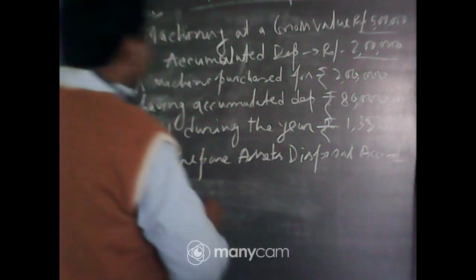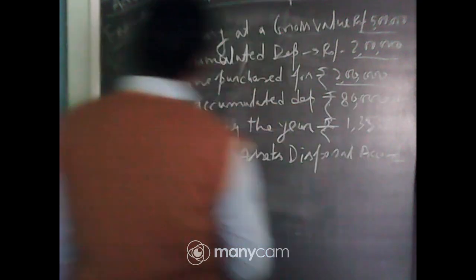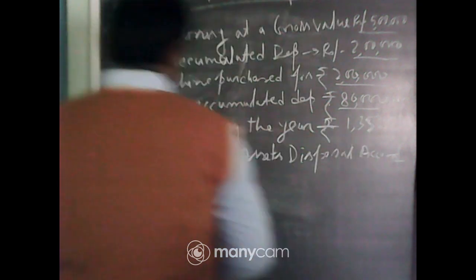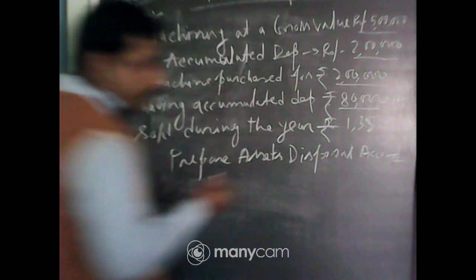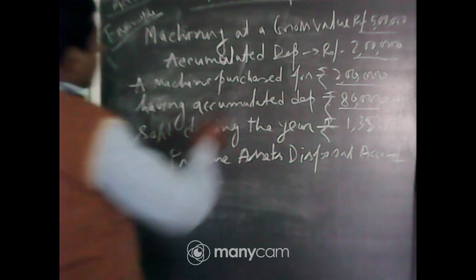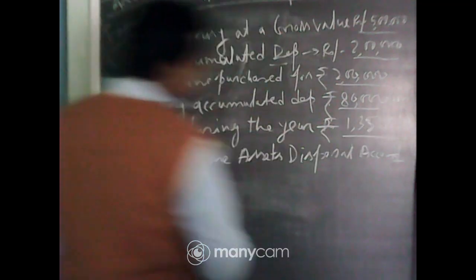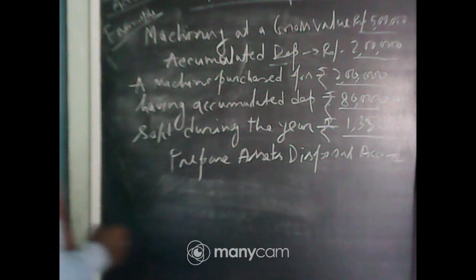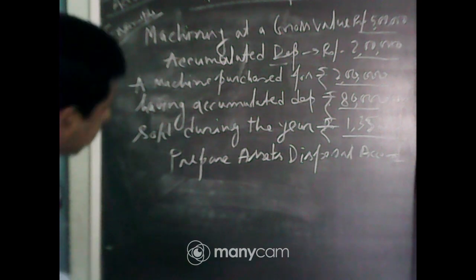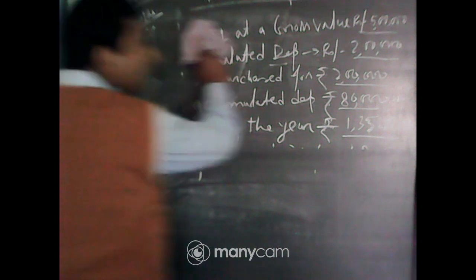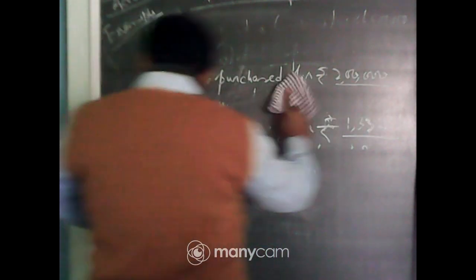But a machine purchased for rupees 2 lakh means its original cost is rupees 2 lakh, having accumulated depreciation 80,000, which means they are maintaining a provision for depreciation account, because their balance is also showing. Sold, what is the selling price? That is 1,35,000. You have to prepare asset disposal account. Now just make a ledger of asset disposal account. Okay, you just write it.